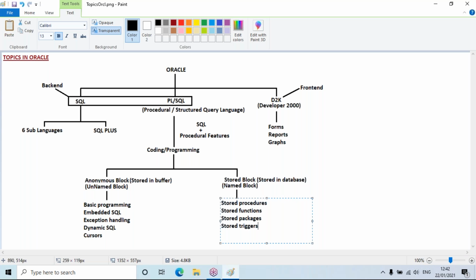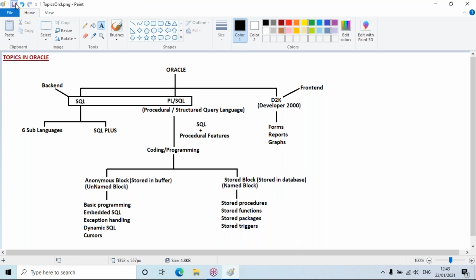Yes, these are the topics that are available in Oracle. And our course content is all about these two, SQL and PL/SQL.